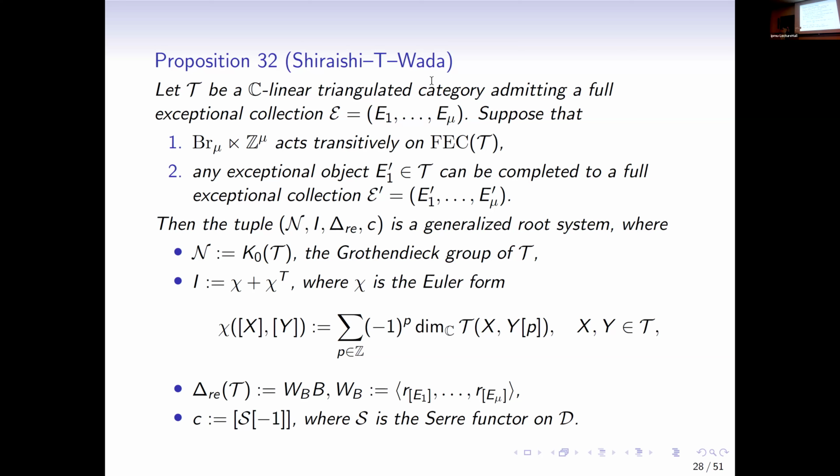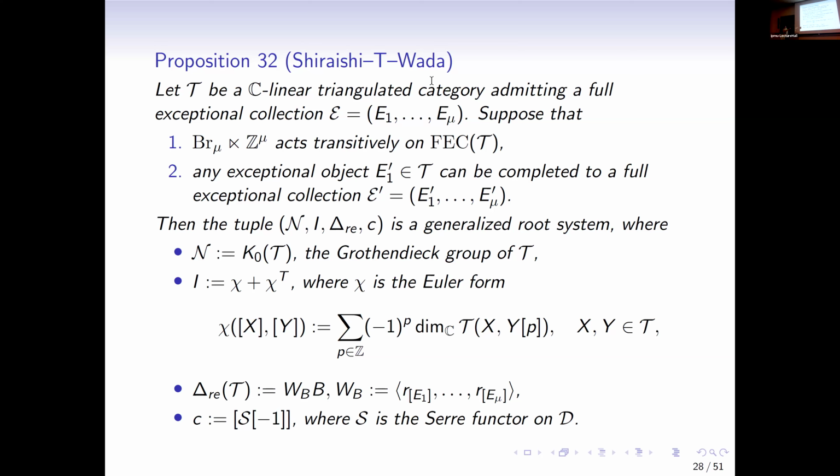This condition can be weakened, but today for simplicity we assume this, because the triangulated categories appearing today all satisfy these two conditions. These are very strong, but it is enough for today's purpose.